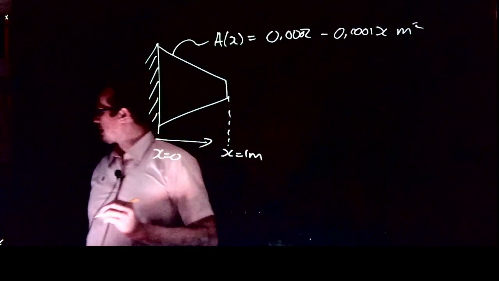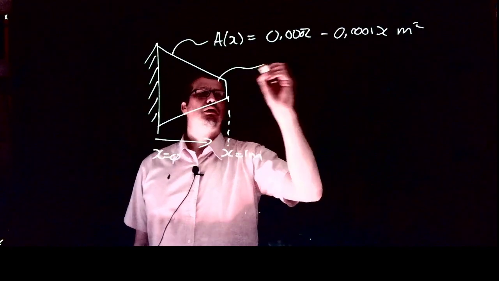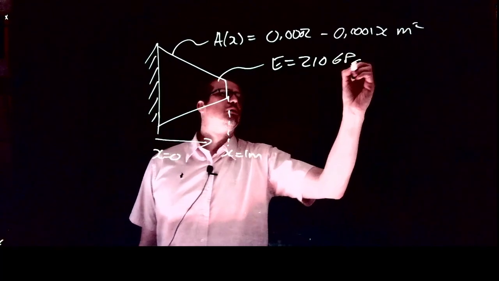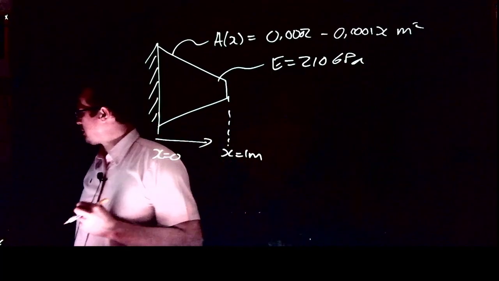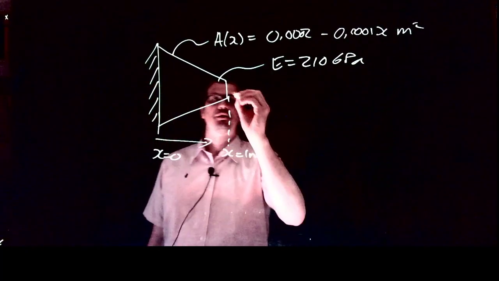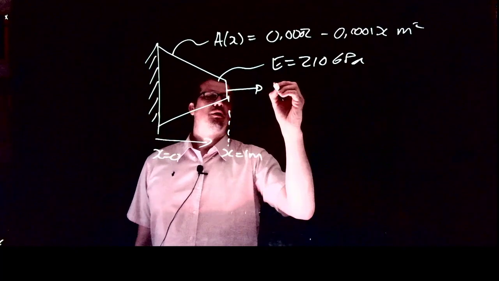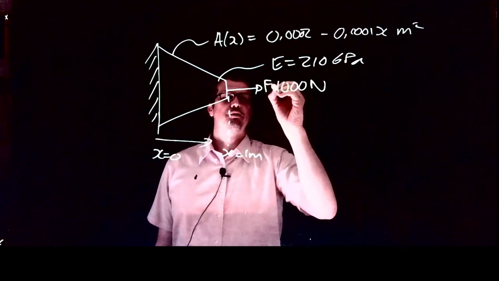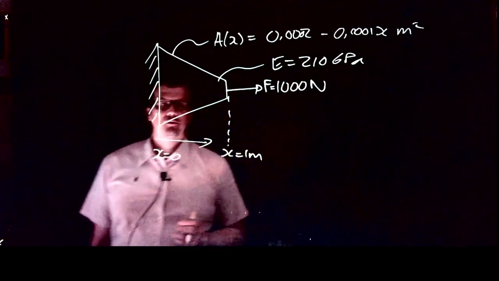What else is given? It's made out of steel, 210 gigapascal. Then there's a load that's applied at the tip here of 1,000 newtons. So F is equal to 1,000 newtons. This is the problem that we have.